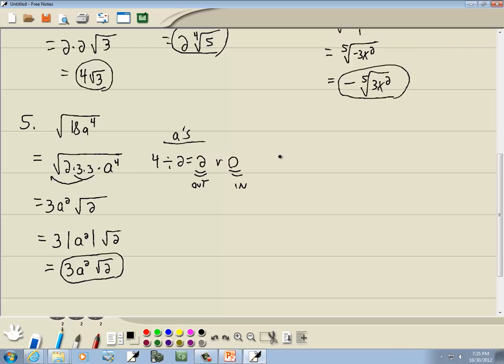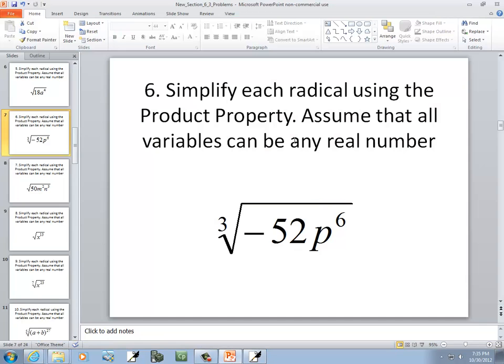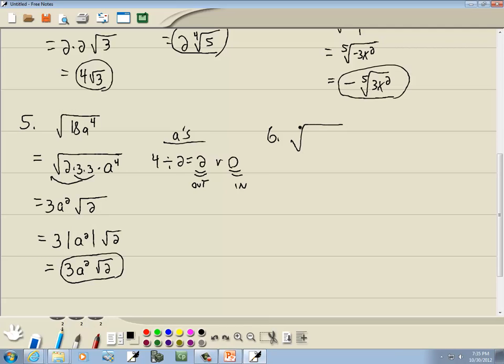Let's look at number 6. We've got the cube root of negative 52 p to the 6. Okay, let's look at the number. First off, we have a negative and an odd index.